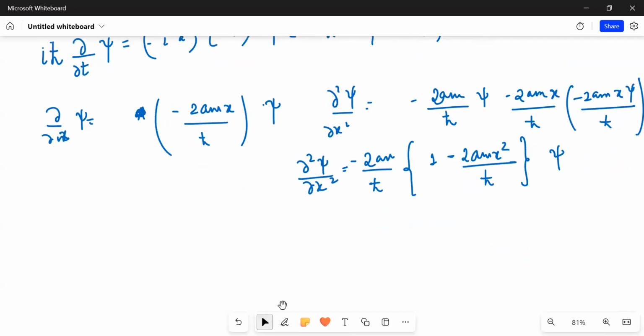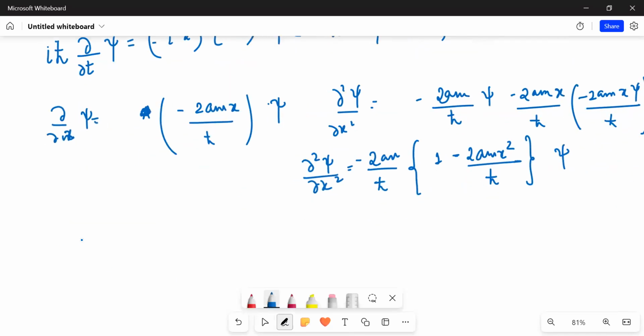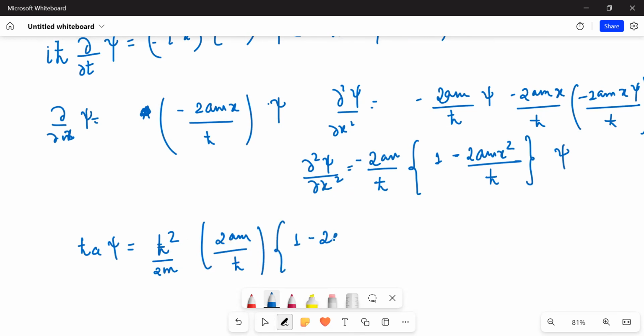So overall, I know that on the left hand side, I have h cat a psi. On the right hand side, I have minus h cat square upon twice. So I'll write simply h cat square upon twice. Negative, negative cancel. And then you have this 1 minus of 2am x square upon h cat, and then again you have this psi.